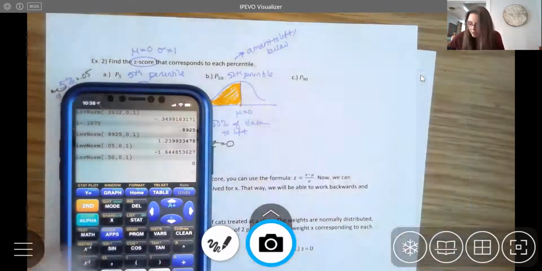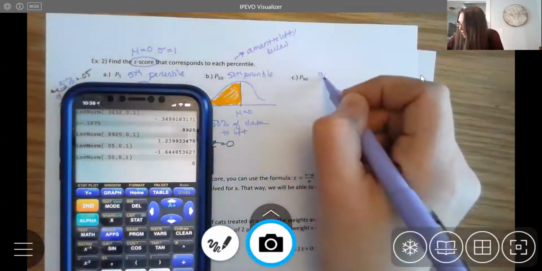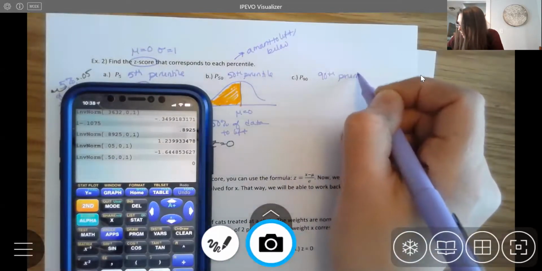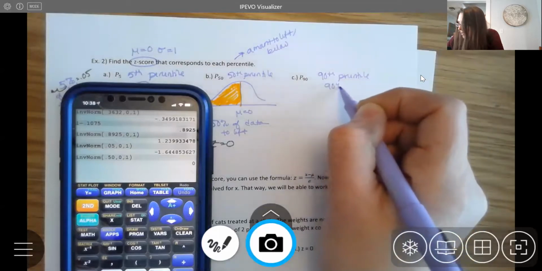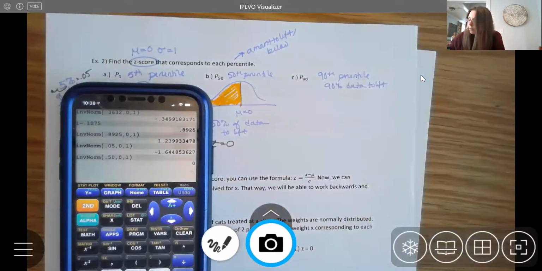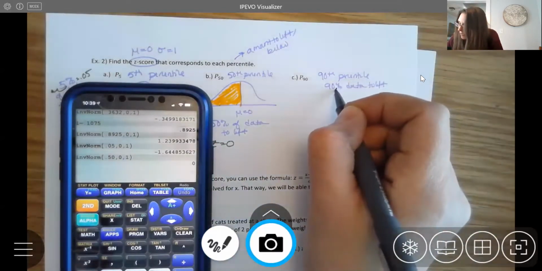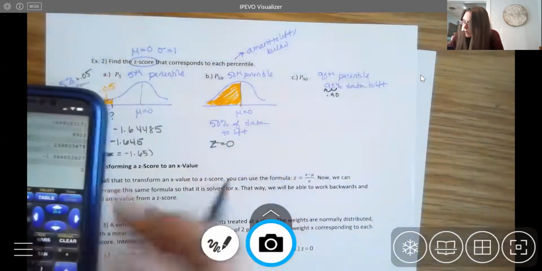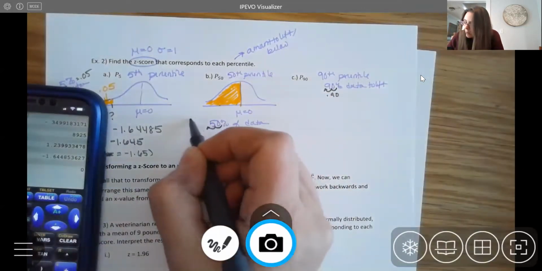And then for the last one, you're at the 90th percentile. So that means 90% of the data is to the left. And again, if you are unsure, you can always take that decimal point and move it 2 spots to the left. That's how you get the decimal version of 0.90. That's how I got the decimal version over here of 0.50.